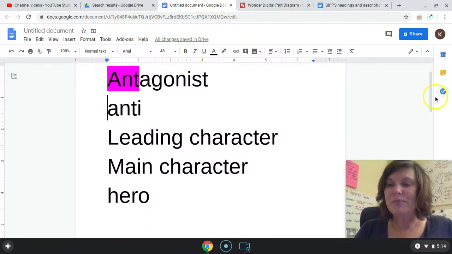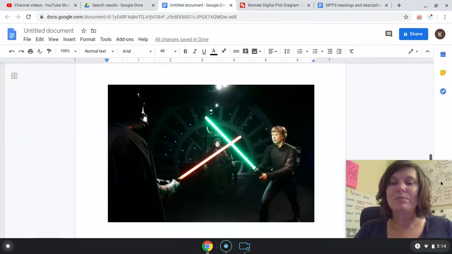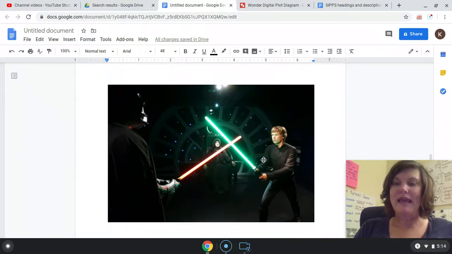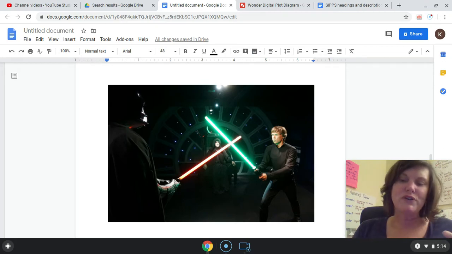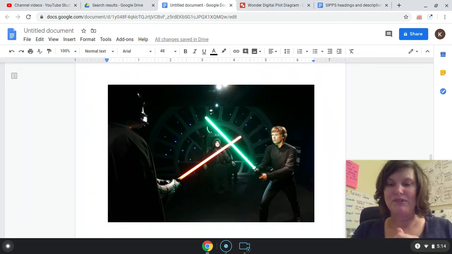So let's look at our picture down here. If the protagonist is Luke Skywalker, the antagonist is the opposite. So who opposes Luke Skywalker? Obviously, this guy over here, Darth Vader. So think about who Darth Vader represents.